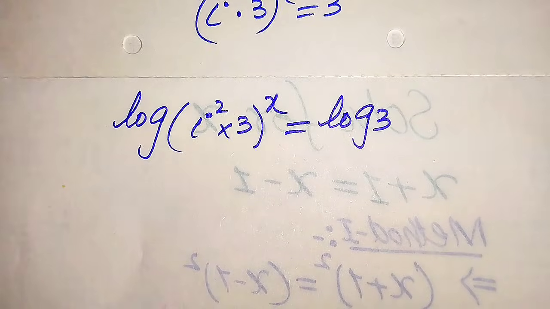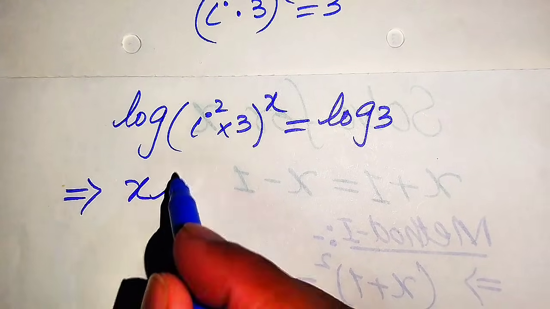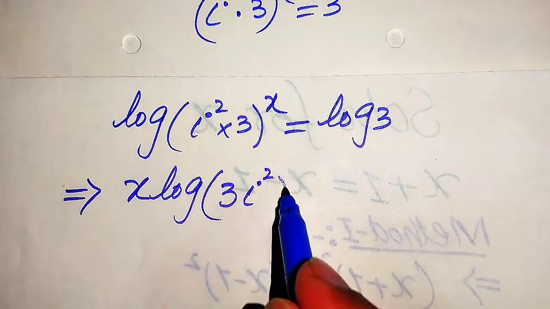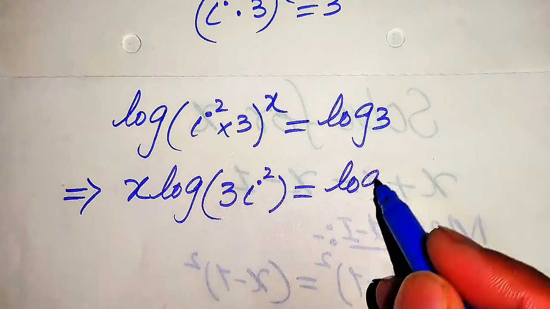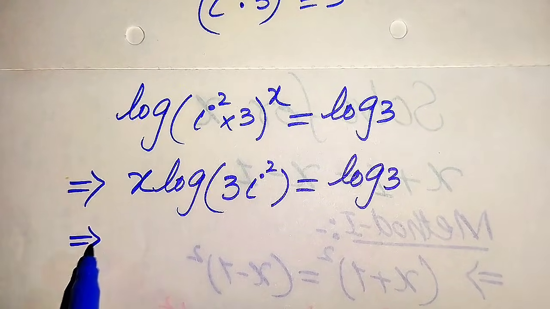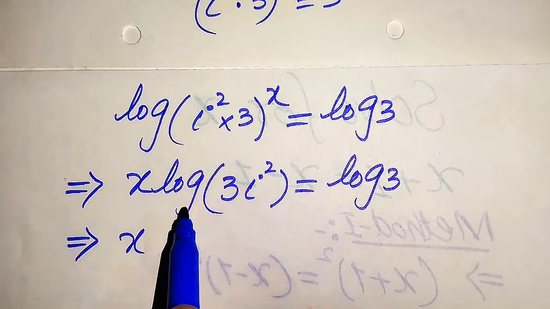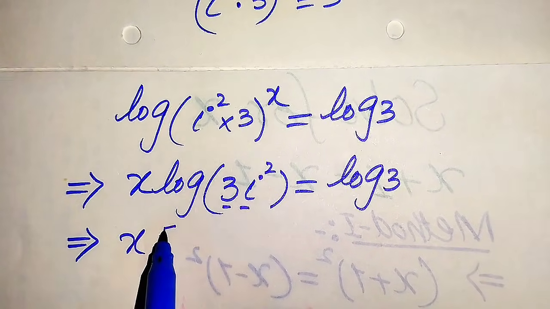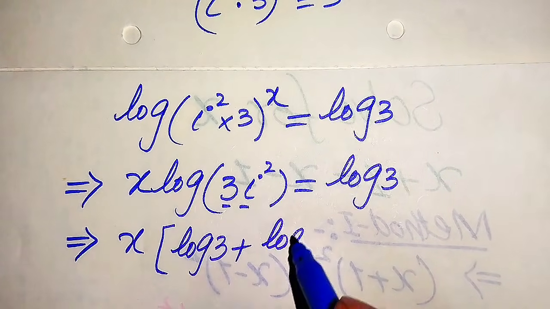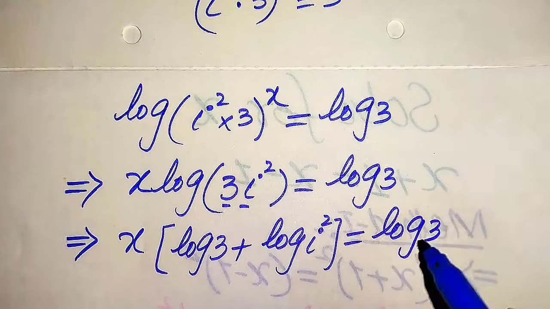Again we apply the nice properties of log, and we move this x in front of the log, so it becomes x times log of (3 times iota square) is equal to log of 3. Then we apply another property of log: we apply the log separately on both values, and it is written as x times (log of 3 plus log of iota square) is equal to log of 3.